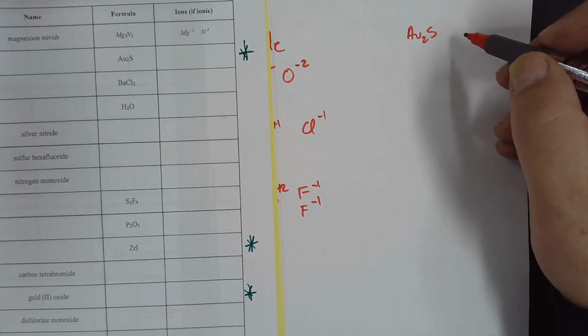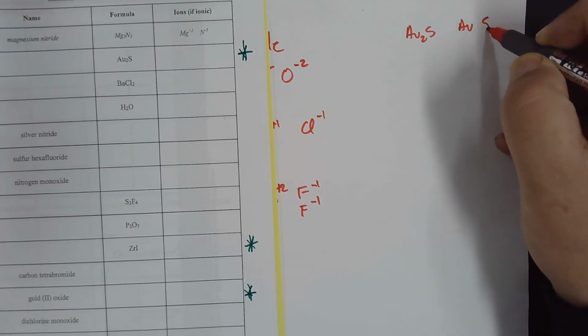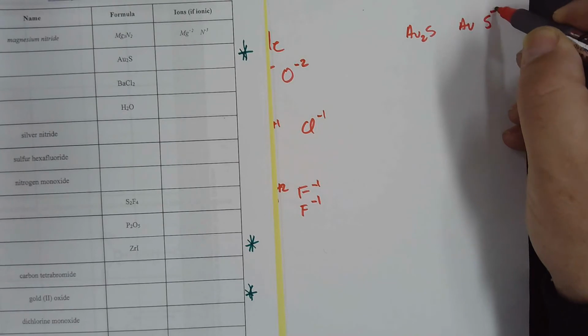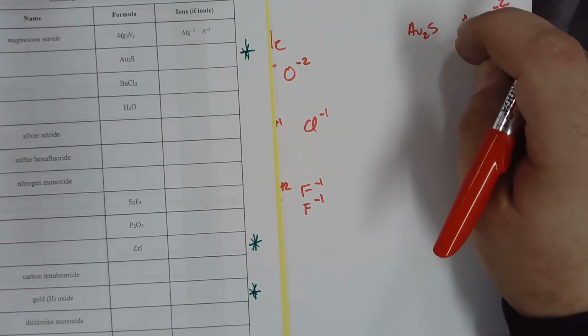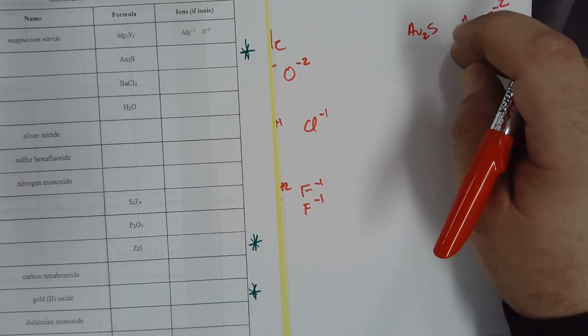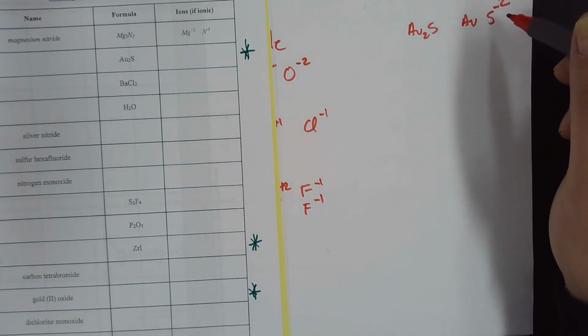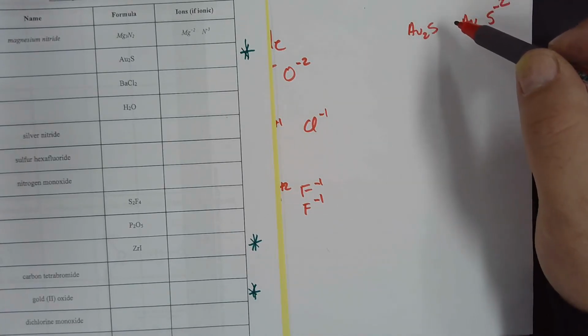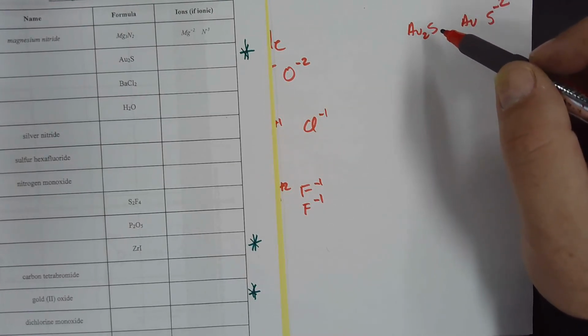Au2S. So that means my ions are going to be Au and S. S is going to be a -2 because it's in group 6A. So now I have to find the charge of the gold here. I have a -2 charge, but I have 2 golds to offset it.